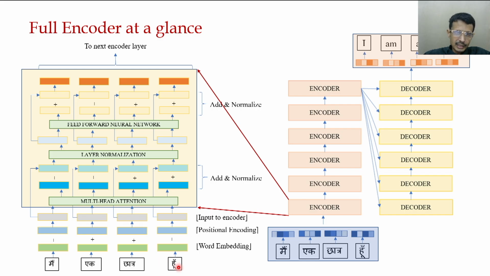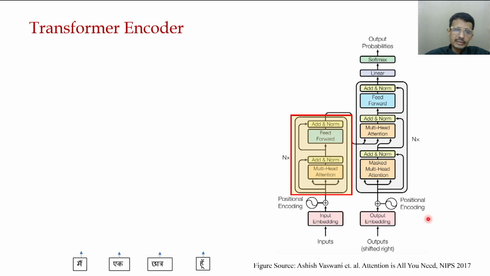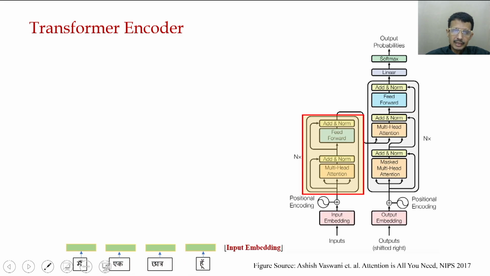Now we start from here and see how the sentence is processed by this particular encoder layer. We start with a Hindi sentence, "मैं एक छात्र". So the first step is the input embedding.